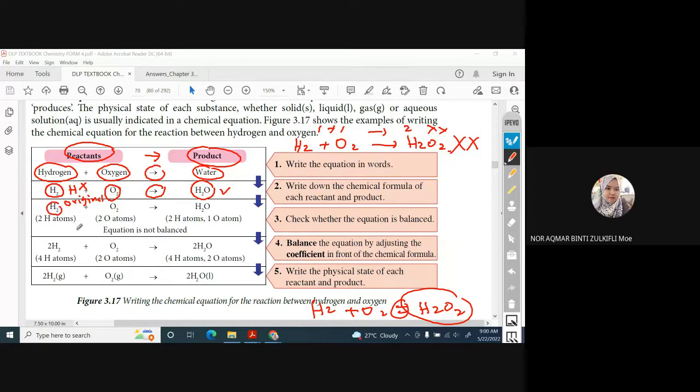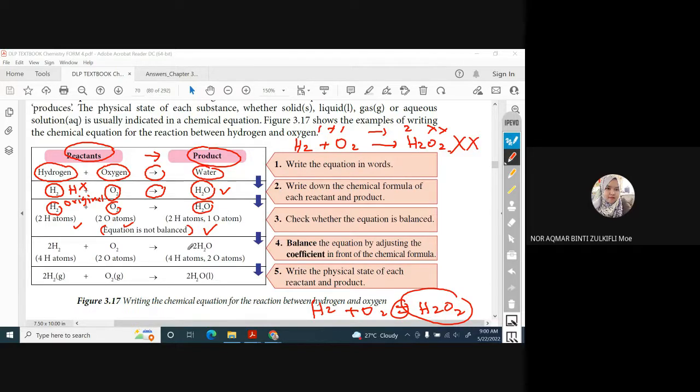H2 means 2 H atoms, O2 means 2 oxygen atoms, H2O water has 2H and 1O atom. So at the end, the equation is not balanced. Okay? Chemistry, they want to make sure the last equation must be balanced. So you must cross check.